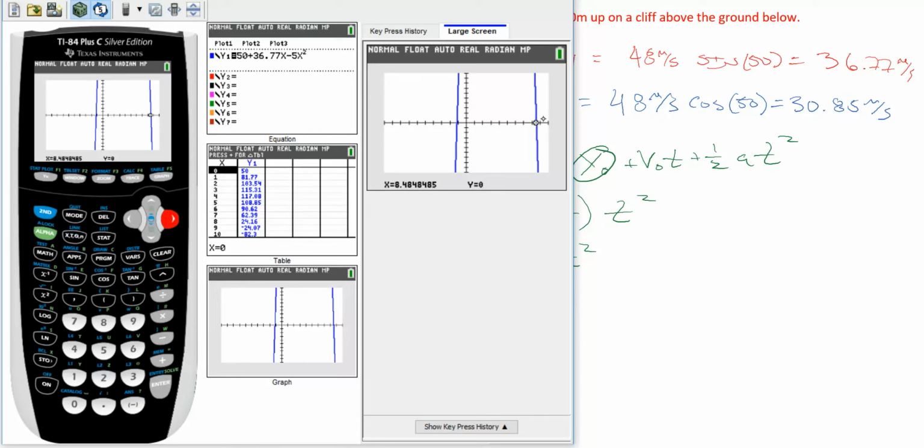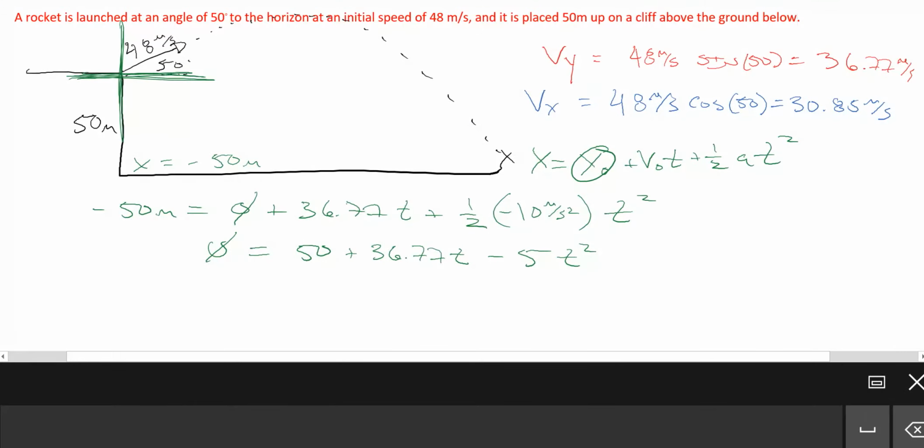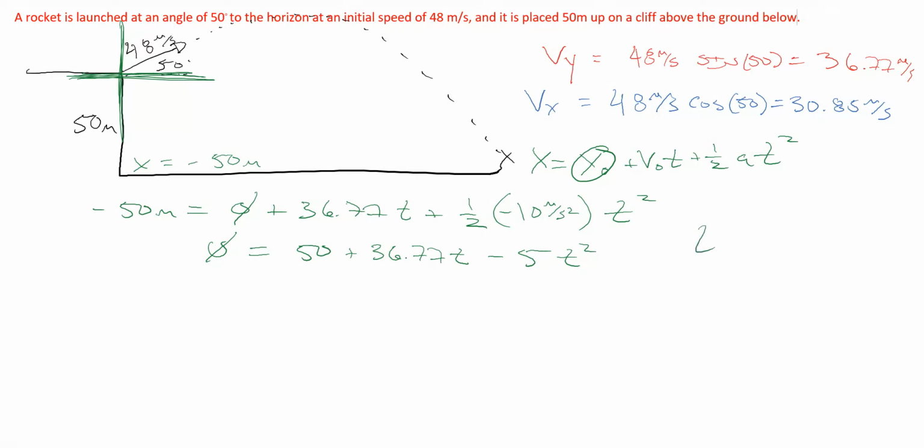Alright, so that's where it crosses the line, 8.48. So we come back over here, and we say t is equal to, we're just going to round up, 8.5 seconds. So that's the time it took to go up, back through our original plane, and all the way down to the bottom.